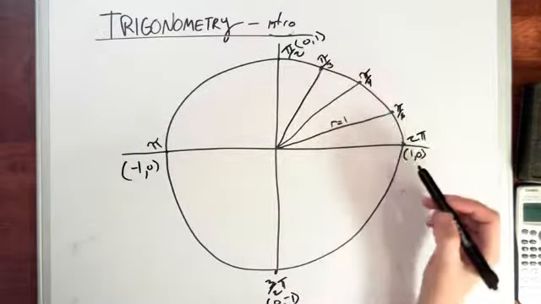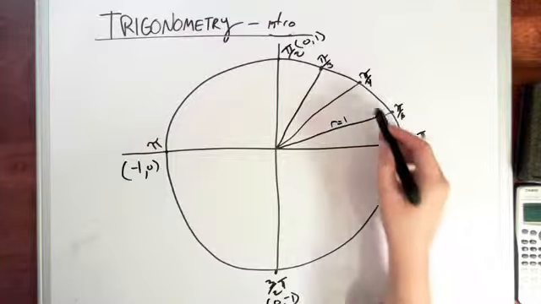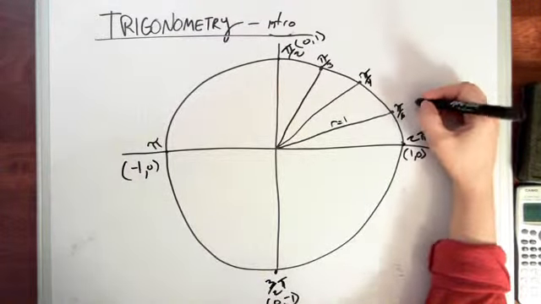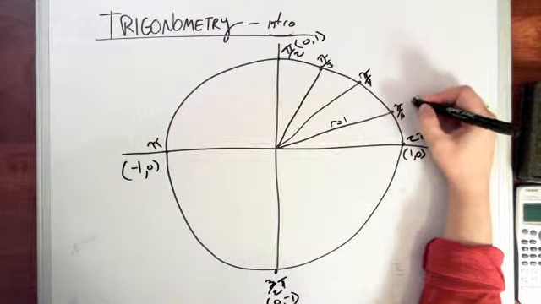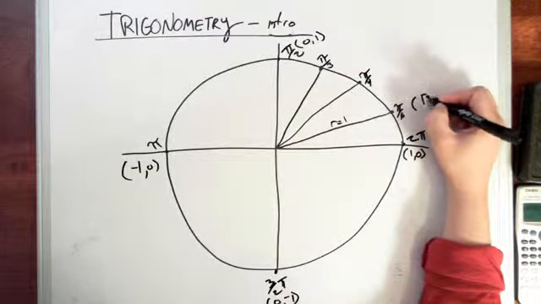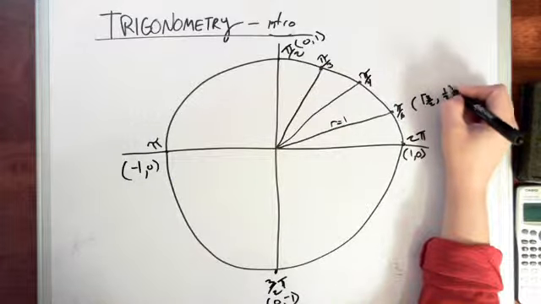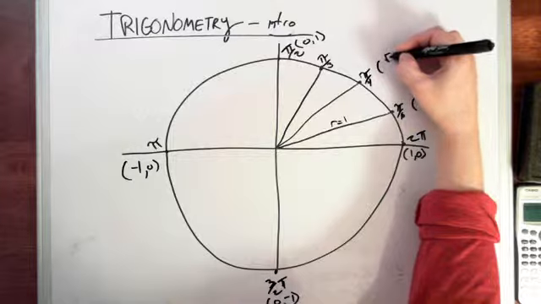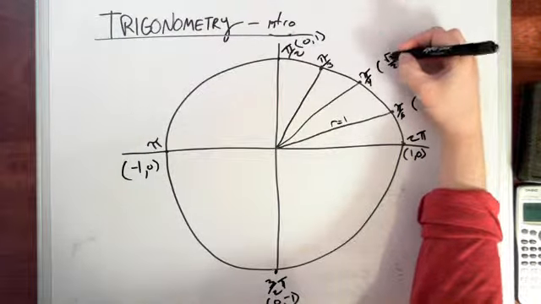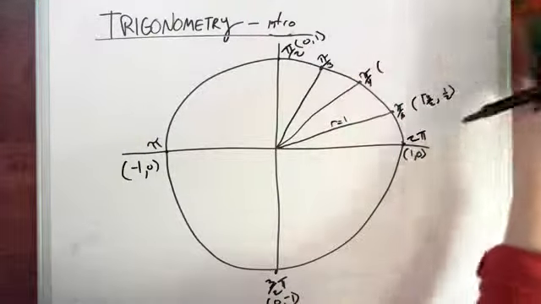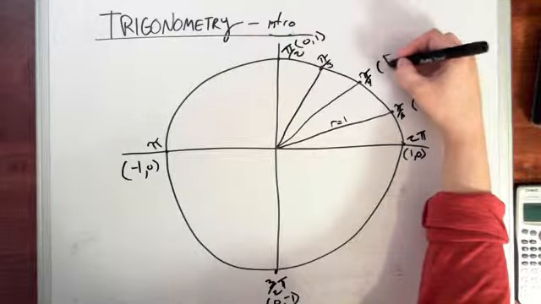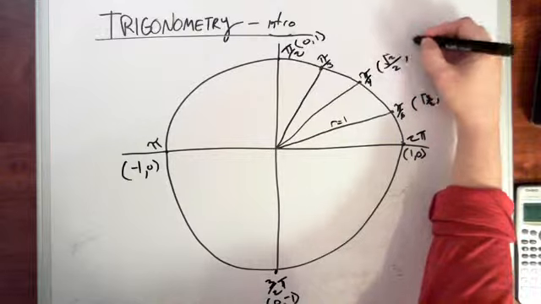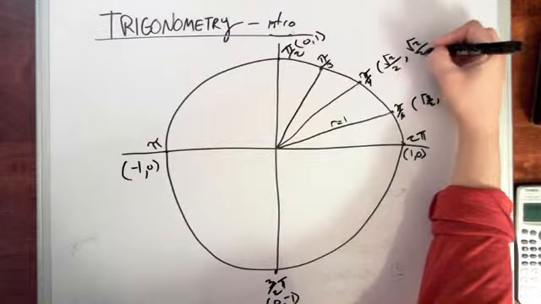Now as we use our sine and cosine functions to find these points, they are the square root of 3 over 2 and 1/2, the square root of 2 over 2 and the square root of 2 over 2.